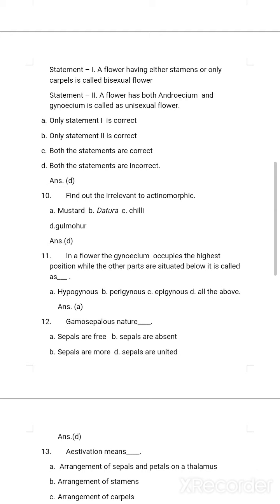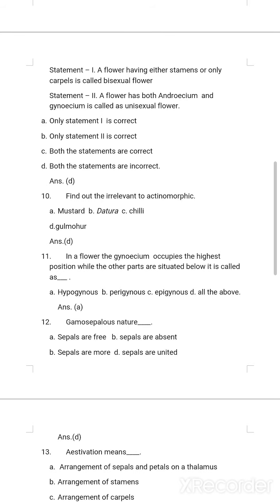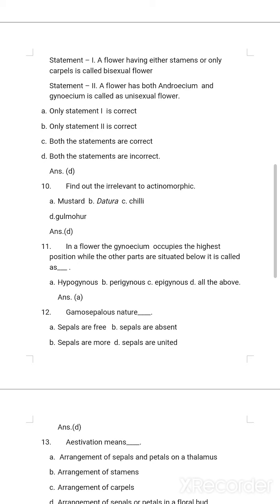Like hibiscus, marigold, etc. Bi means two sexes. Both sex organs are present within it, so it's called a bisexual flower. That's why the correct option is both the statements are incorrect.